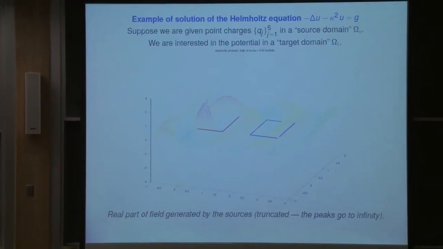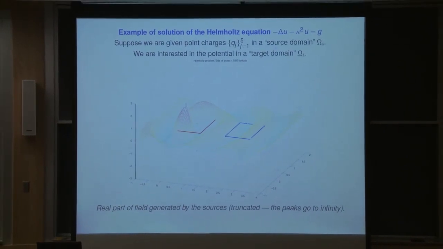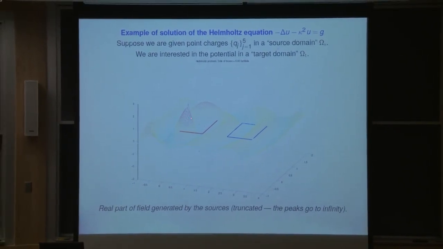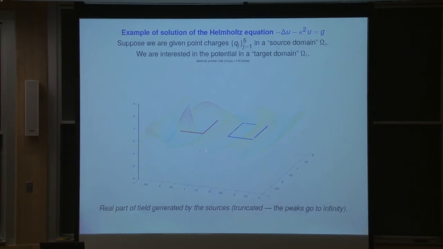So you see there's radiating waves going out from these sources, and I had to truncate this. These peaks really go to plus minus infinity. So there's some sort of nastiness in the red region. The solution in the red region is a little unpleasant. Here we have this mild smoothing that I talked about yesterday.